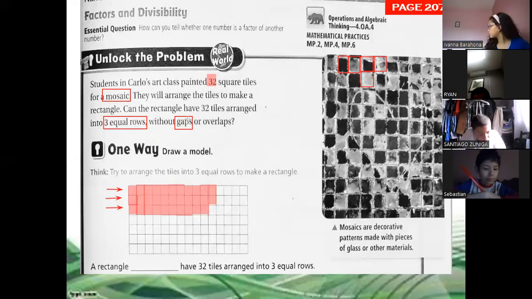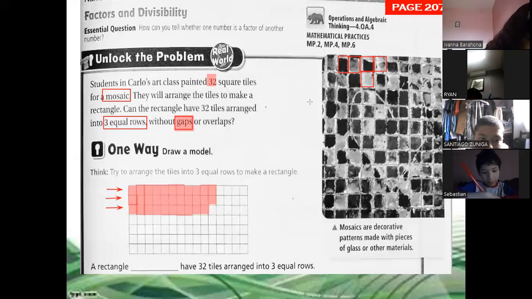The question is, can the rectangle have 32 tiles arranged into 3 equal rows without gaps? Yes or no, guys? This is the rectangle. In here, we have 32 tiles. This is the model we have.